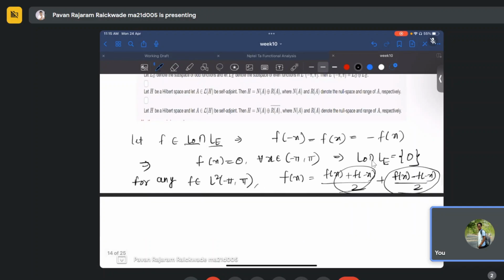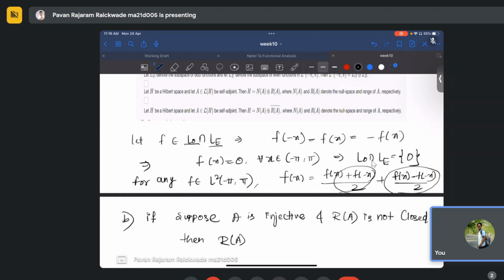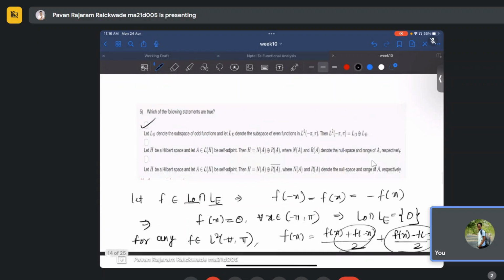Yeah, see, this need not be true always, because suppose A is injective and the range of A is not closed, then we know that the range space of A need not be equal to the Hilbert space H. So the second option may not be true.